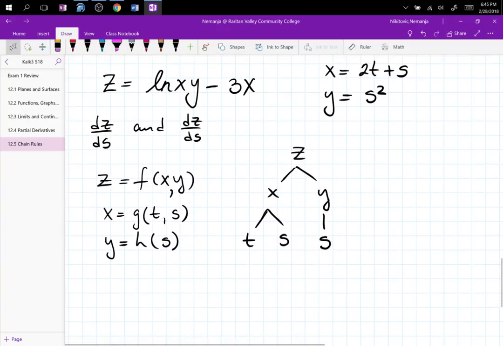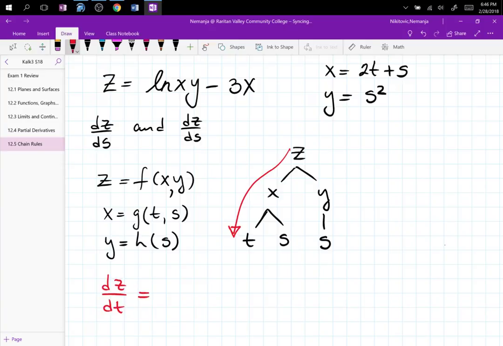So I have a tree, and now I can go and follow the red path from z to t, and there's only one branch, right? So there will be no plus, there will be only one term. Great. What is dz/dt? dz/dt is partial z, partial x, and then partial x, partial t.